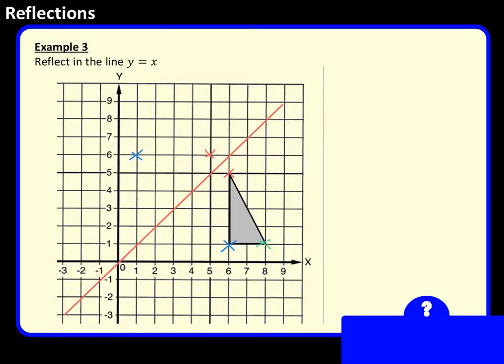And the final point is 1, 2, 3 and a half, so a half, 1, 2, 3 gets us to there. And then we connect up the lines. It's always quite good at this point just to check that the shape hasn't changed in its size at all. Okay, and there we have our finished image.